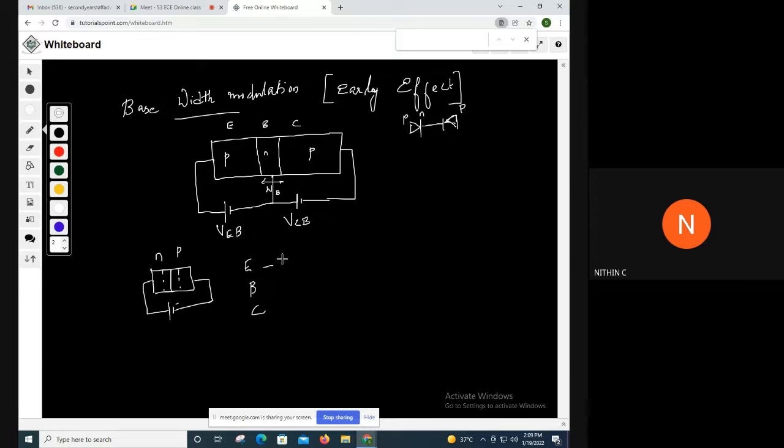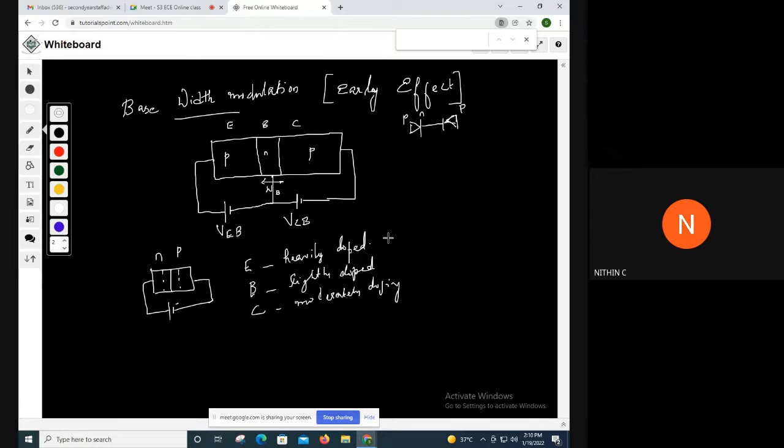Emitter is heavily doped since it is the region which has to emit charge particles, heavily doped. And base region, if you ask me, it is lightly doped. And in terms of doping, collector region is moderately doped, in between that of base and emitter. Moderately doped. This is how the doping profile lies.